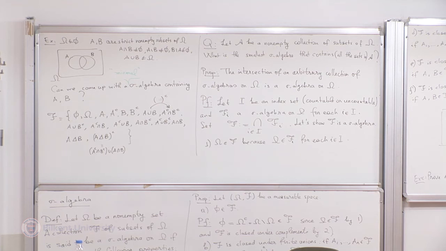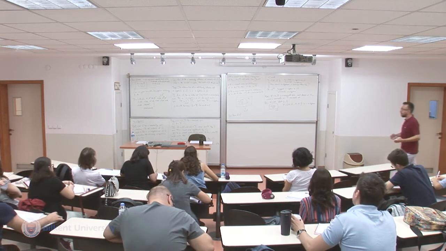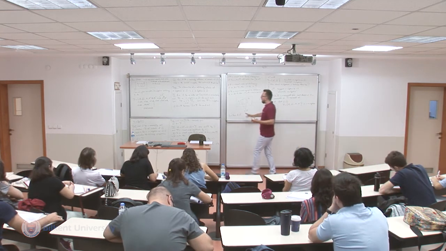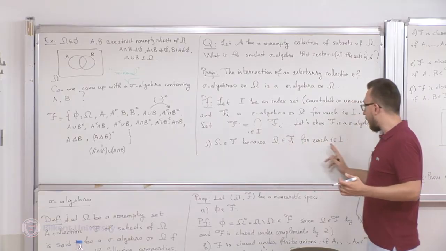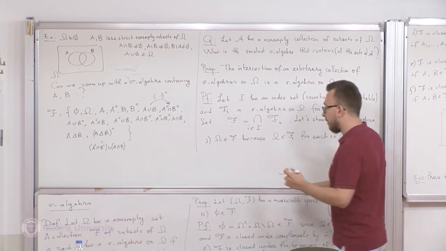If a point is an element of an intersection, this means what? It is an element of everything in this intersection. So if I intersect sigma algebras and want to show that omega is an element of the intersection, I have to show that omega is an element of every set in the intersection. And that's what we do. Omega is an element of Fi for every i. Therefore, it is an element of their intersection.